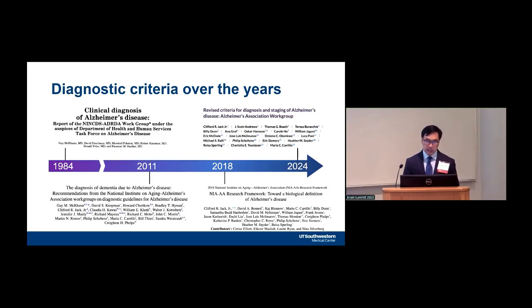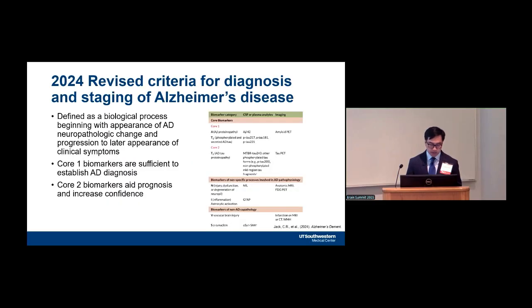In 2011, they added the newer CSF biomarkers to have more confidence that we're actually dealing with Alzheimer type pathology. In 2018, if you recall the term ATN, standing for amyloid, tau, and neurodegeneration, we started to define Alzheimer's disease by biological evidence, which then brings us to the most recent criteria in 2024.